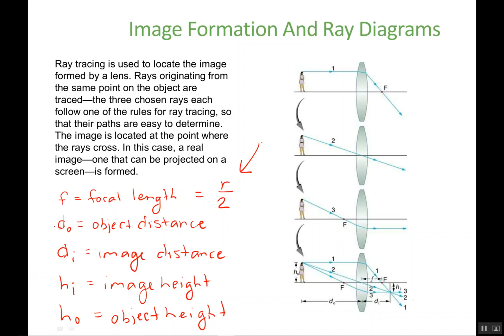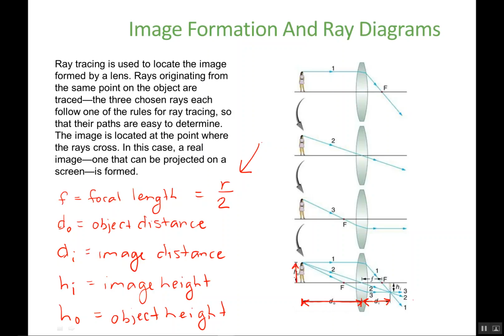Let's define DO to represent what's called the object distance. That's the distance from where the object is located to the center of the lens. DI is the image distance. That's the distance from the center of the lens to where the image is formed along the optic axis.